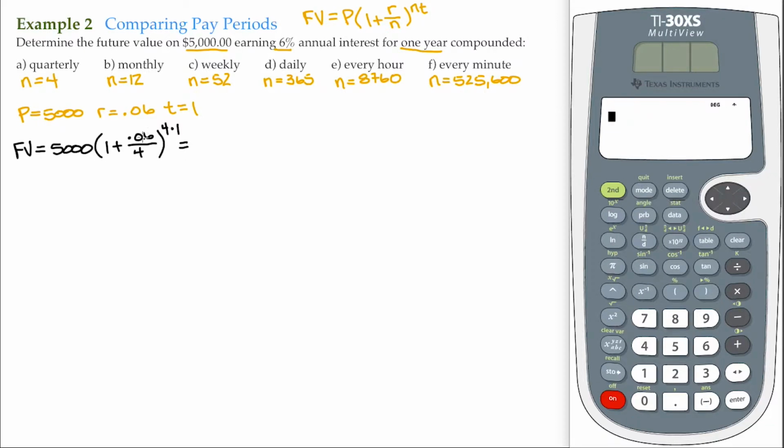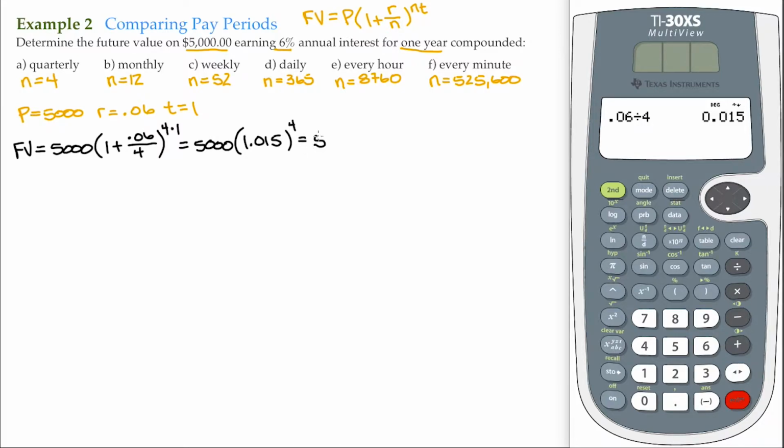So the first thing we could do is we'll determine the 0.06 divided by 4. So on our calculators, 0.06, divide that by 4, and that's 0.015. So this is 5,000, 1 plus 0.015 is 1.015. 4 times 1, I'm just going to raise it to the 4th power.